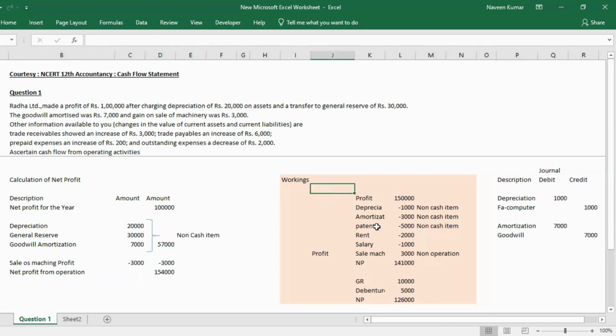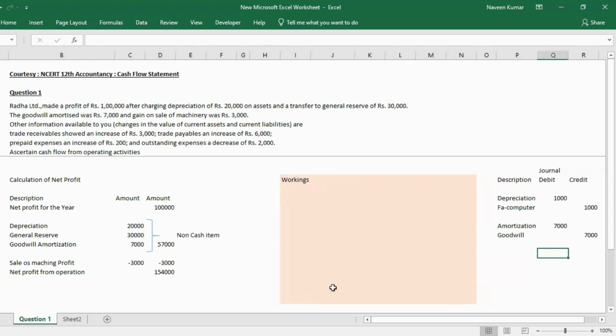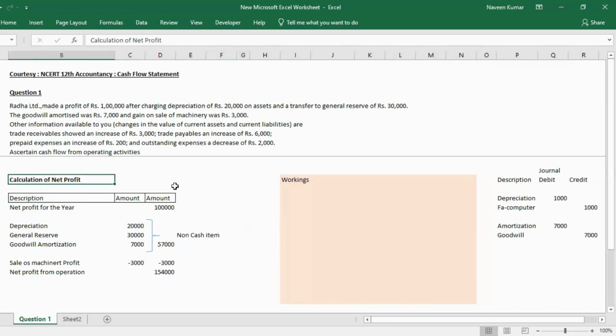This is what that is. Okay, I'll delete these items so the next thing you can understand.